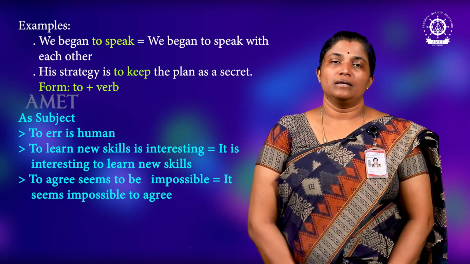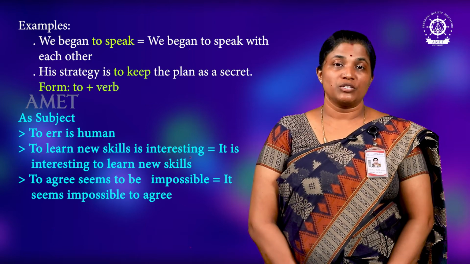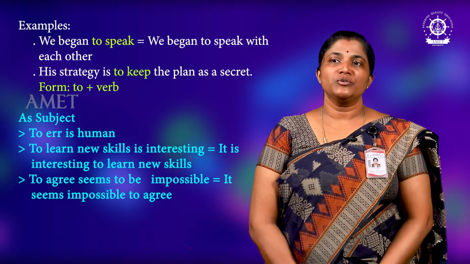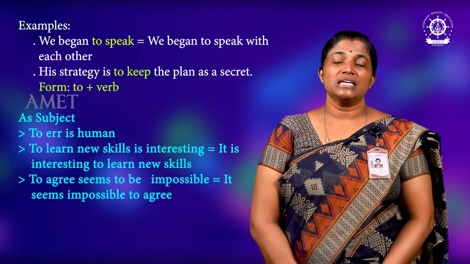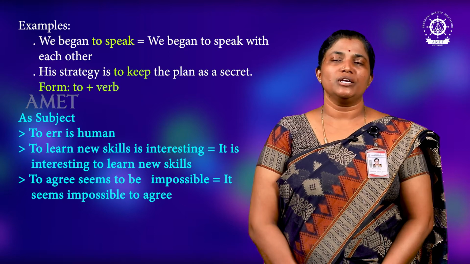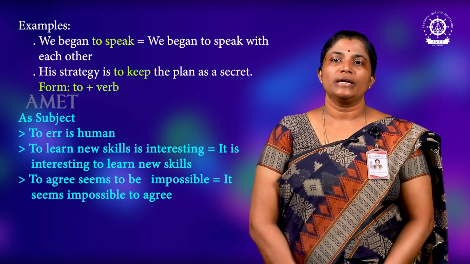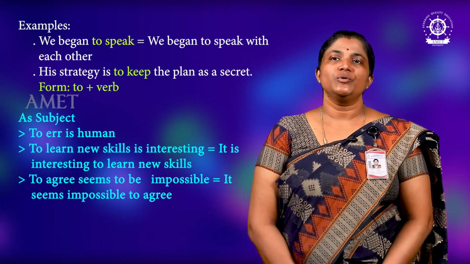Examples are: to err is human, with which you are very familiar. To learn new skills is interesting is equivalent to it is interesting to learn new skills. And the third example, to agree seems to be impossible, is equivalent to it seems impossible to agree.